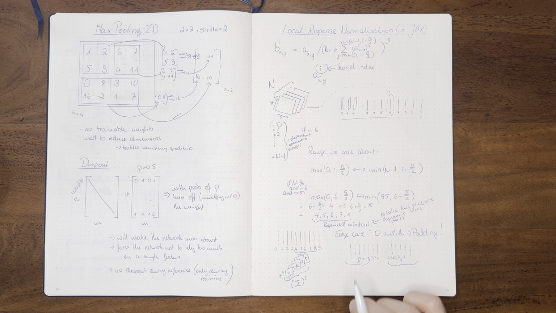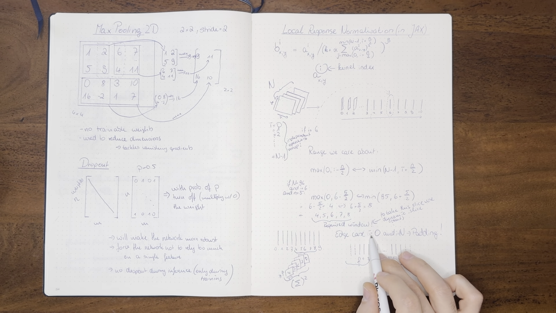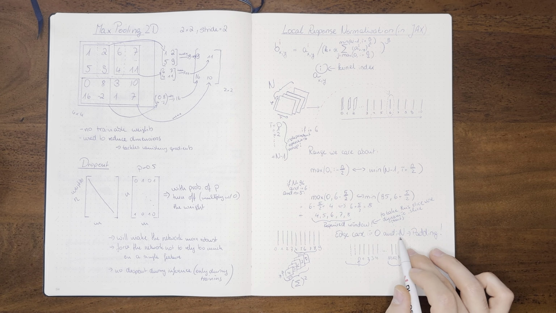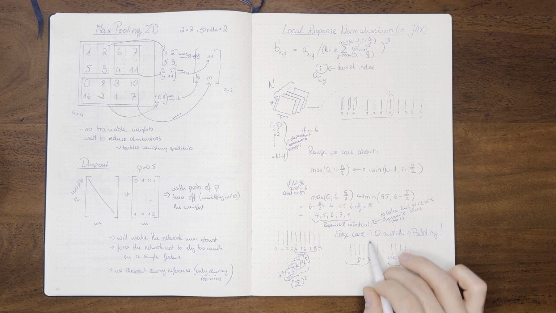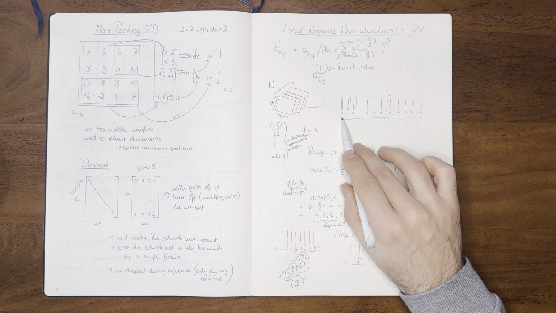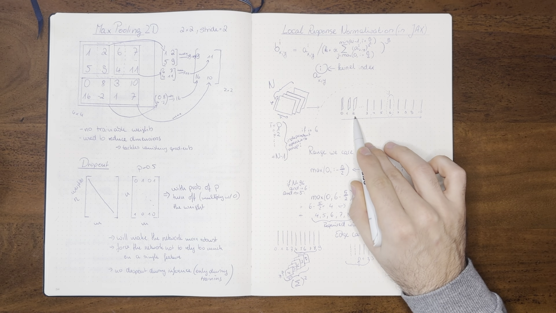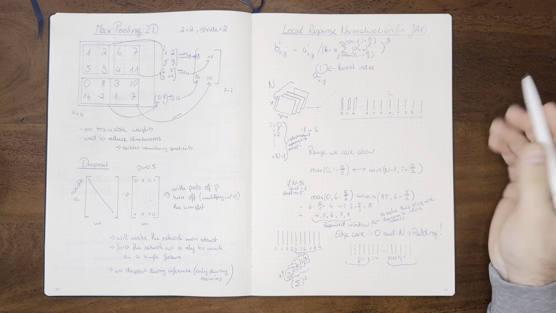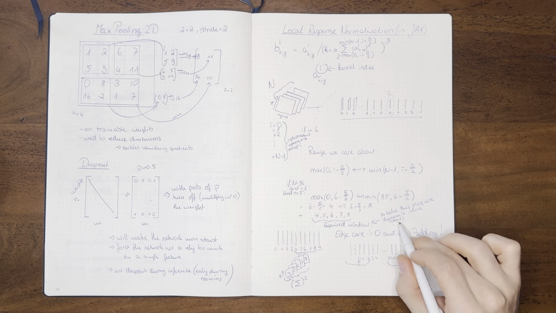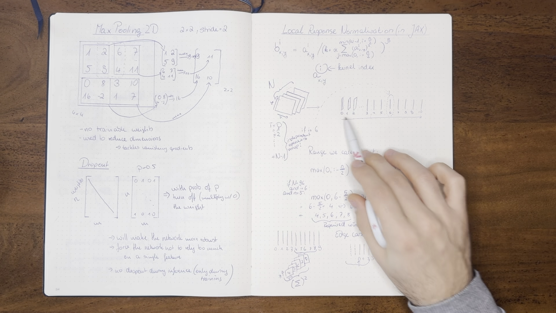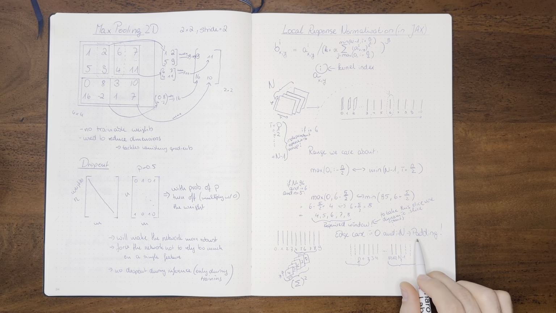But this gives us two edge cases. What if I is equal to 0, and what if I is equal to n? Well, if I is equal to 0, then what would happen is that we only have 3 kernels, but we actually need 5 because, well, the slice must be static. So in order to remedy that, we need to do padding.